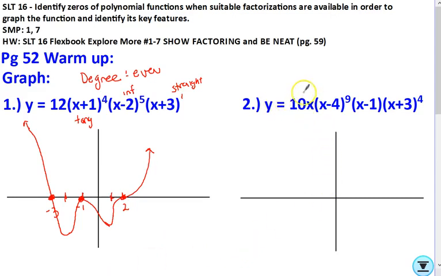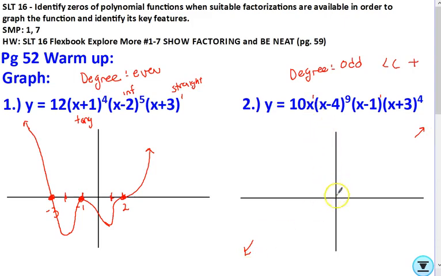For number 2, we've got degree. Let's see, it's 1, 10, 11, that's 15, so odd. And the leading coefficient is positive, so this end behavior that way, this end behavior this way.